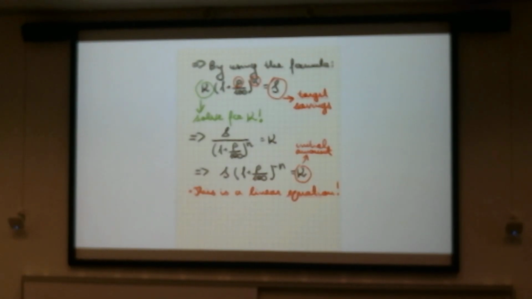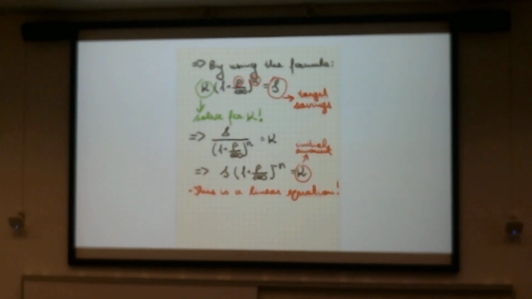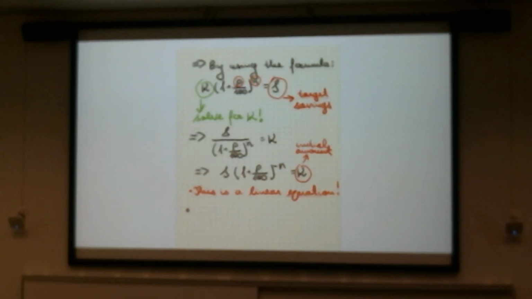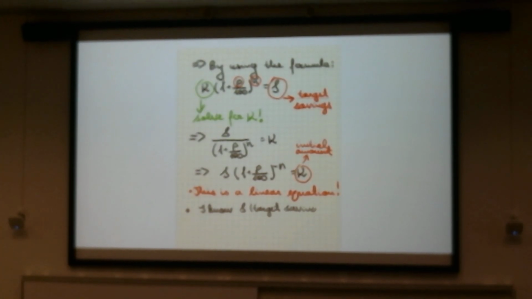So I was planning to stop here, but I had a good question before the start of the class. What if we changed the information that we know to this? I'm not going to solve this example, but let's think together. Now, let's say I know S, the target savings.